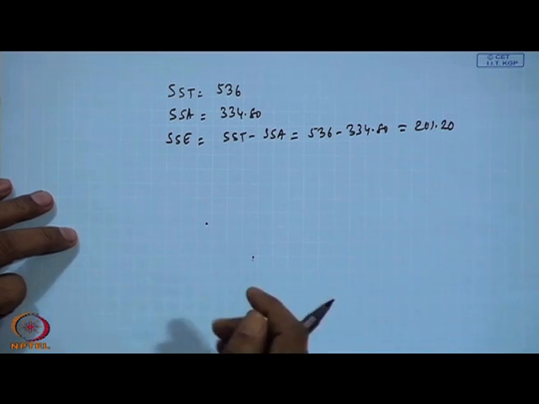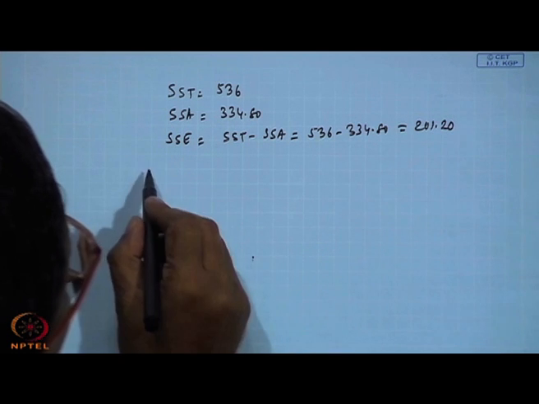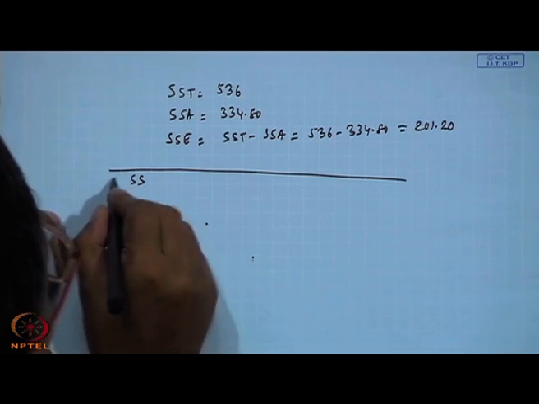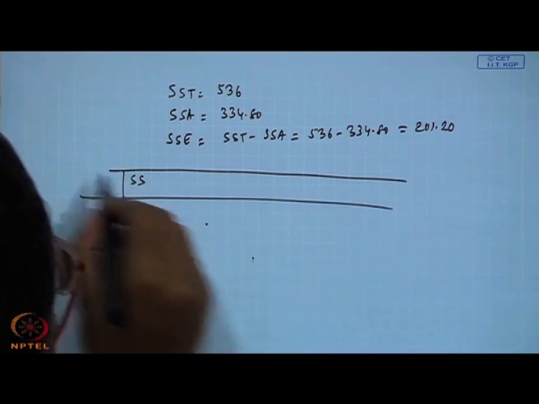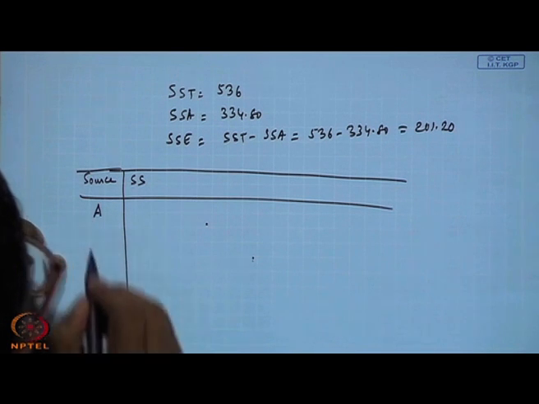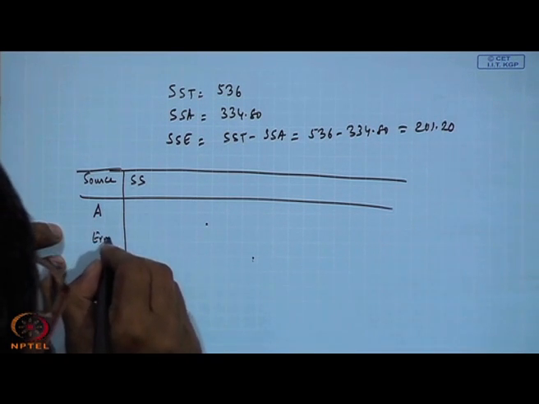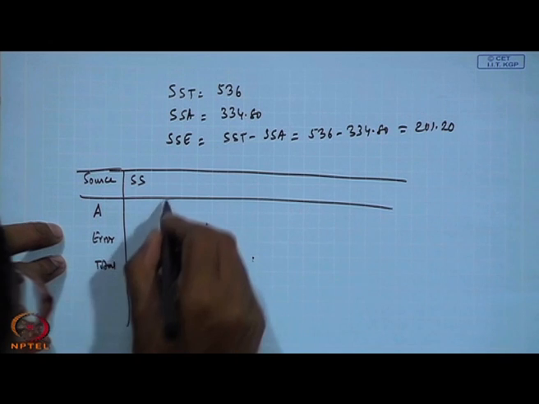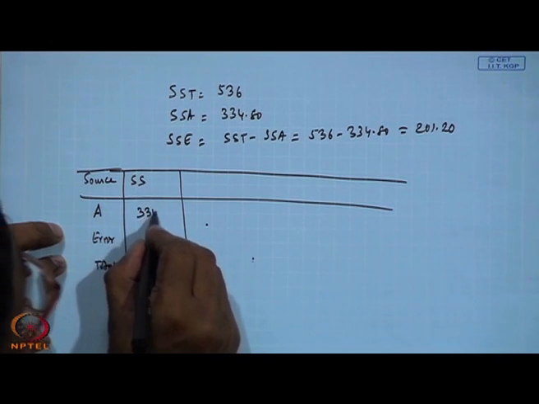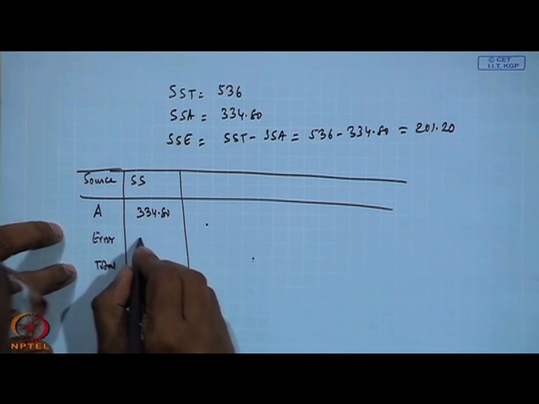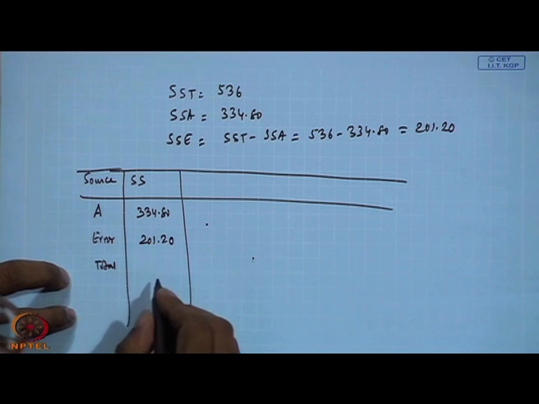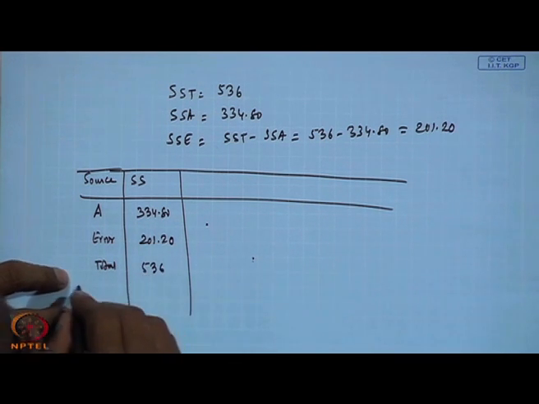Okay. So, we have already seen the ANOVA table for this: sources of variation, then your SS. The first source is population A, then error, then total. SSA is our 334.80, SSE is 201.20, and SST is 536.